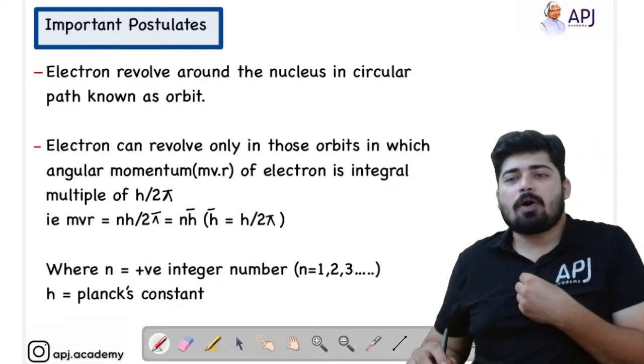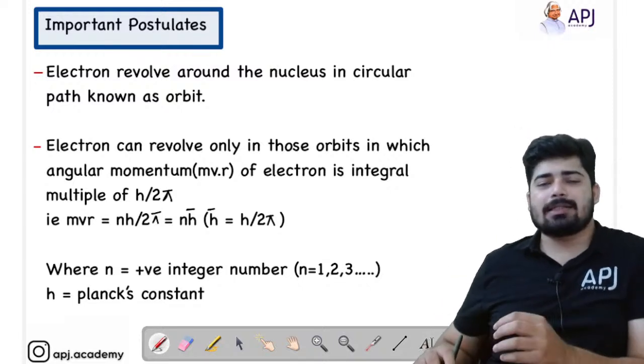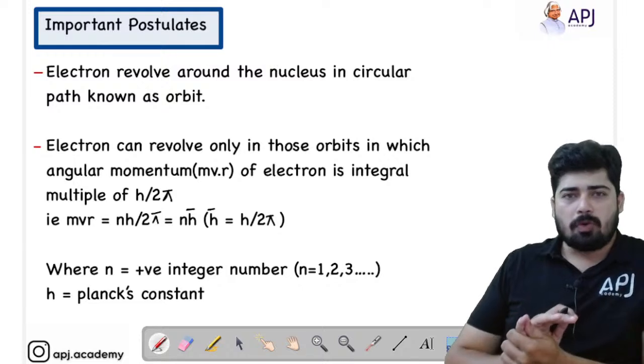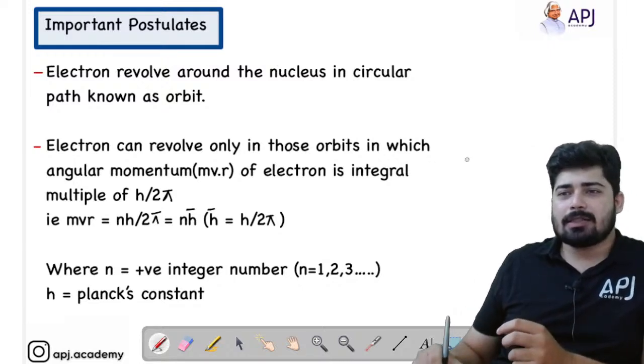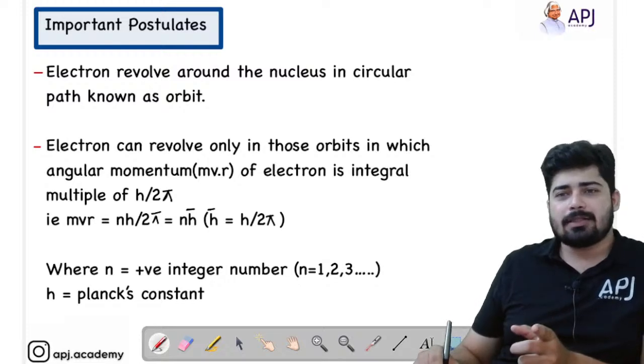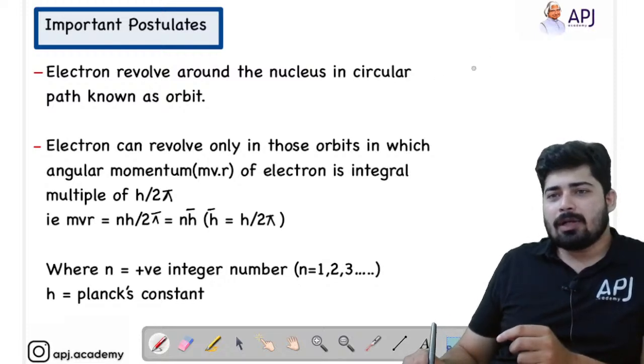Now, what are the important postulates that you have to learn from this Bohr model? The very first one is that the electron revolves around the nucleus in a circular path known as an orbit.